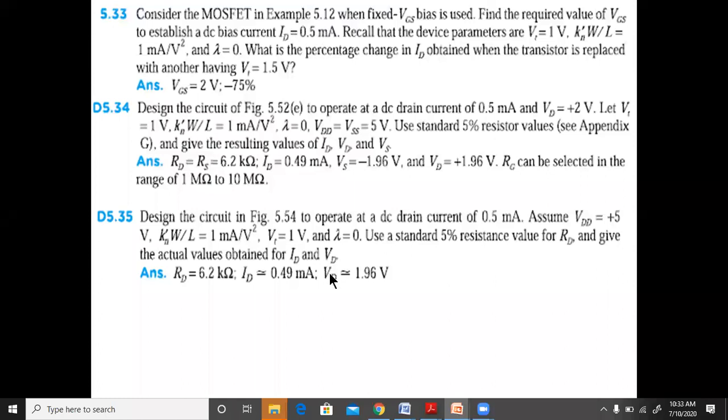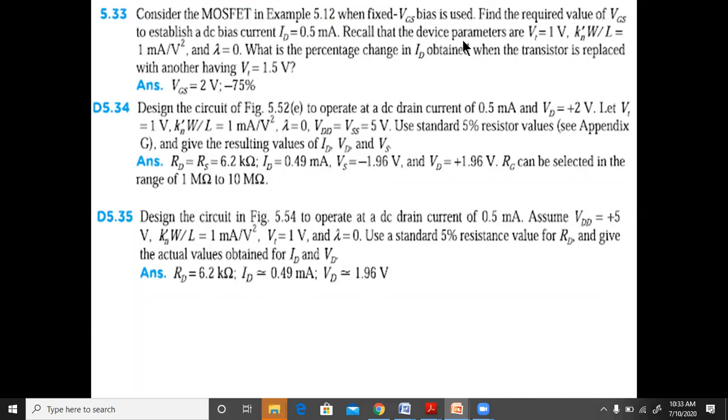So earlier what we said, we are ready to allow for the change in VGS, but ID will vary. But now we want to fix the ID. So what should be the required value of VGS to establish a bias current of ID equal to 0.5 milliamperes?